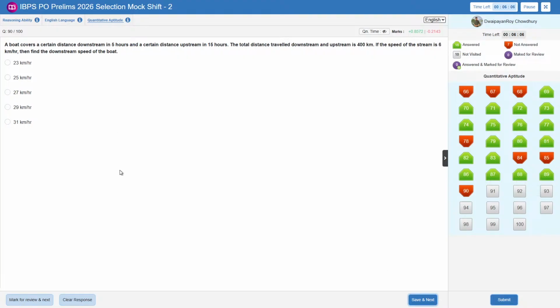A boat covers a certain distance downstream in 5 hours and upstream 15 hours. So downstream, upstream speeds. So let me take the speed. So 3 to 1. The total distance traveled downstream and upstream. So speed, so 4 is, so 300 and 100. If the stream of the speed is 6 hour, find the downstream speed. Okay.